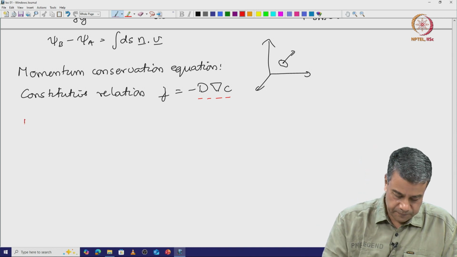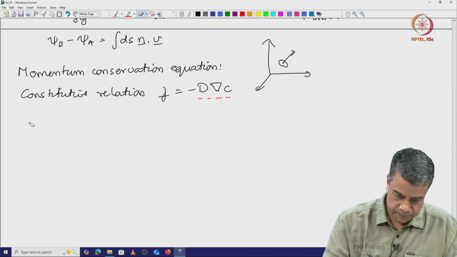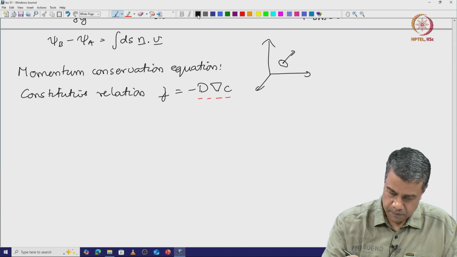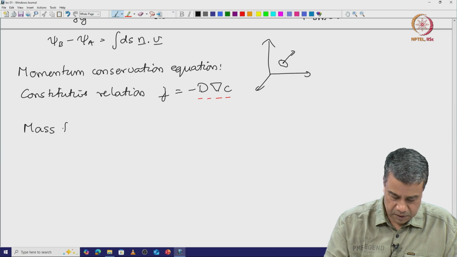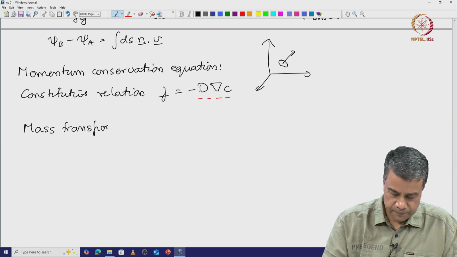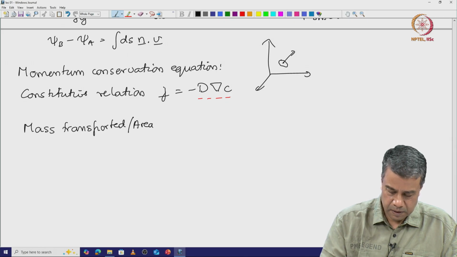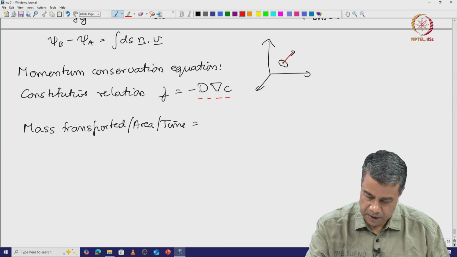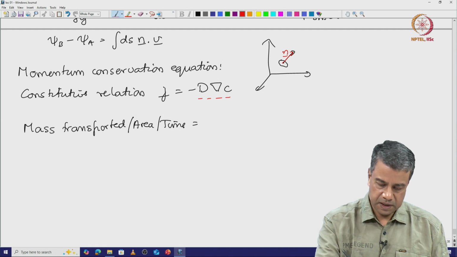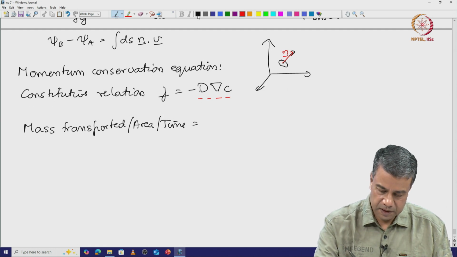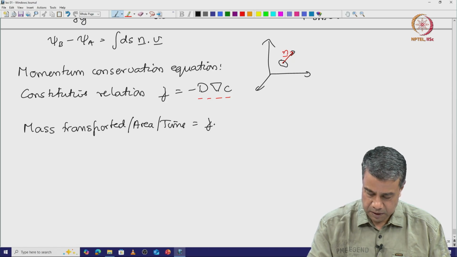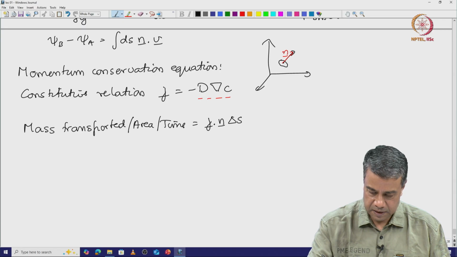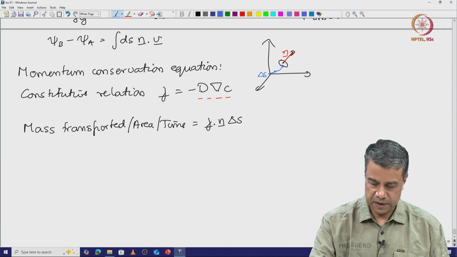The mass transported per unit area per unit time at a surface with unit normal n is given by the component of the flux along that direction, J dot n times delta s, where delta s is the surface area.